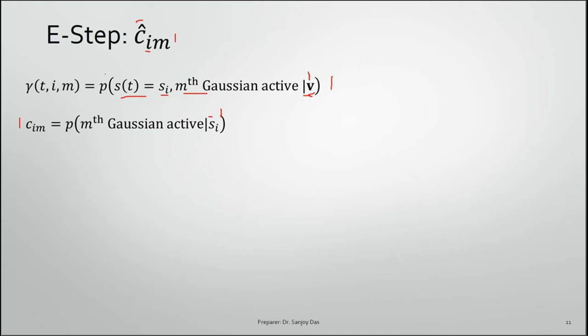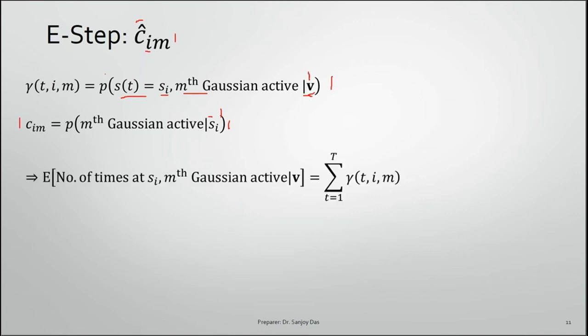Cim is this probability of the mth Gaussian distribution being active when the state is S sub I, which implies that the expected number of times the HMM is at Si and the mth Gaussian is active given V is equal to the summation of gamma Tim. What I've done here is eliminate the time t through this summation trick.